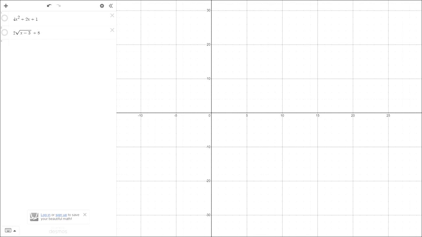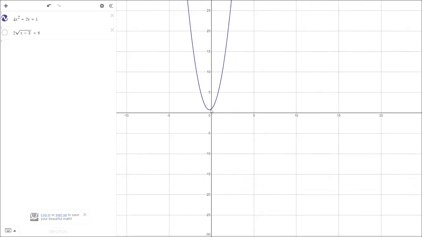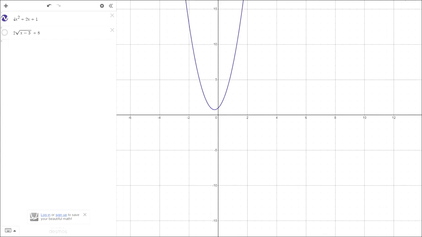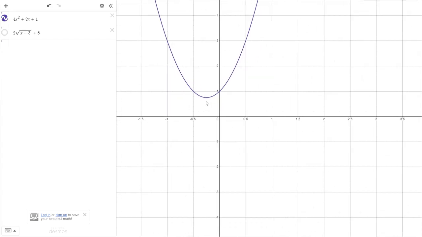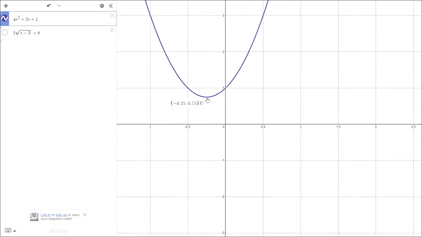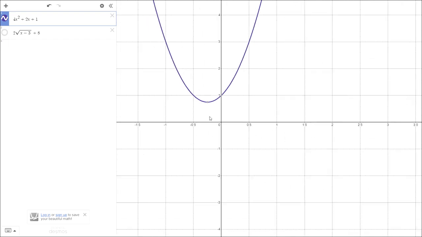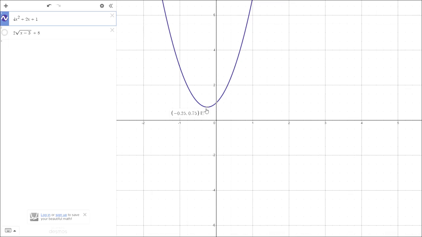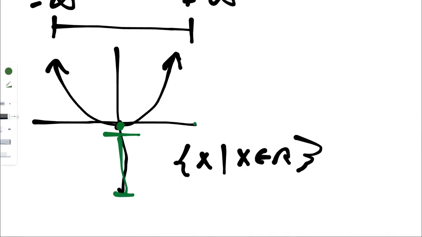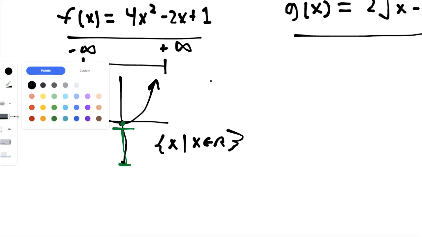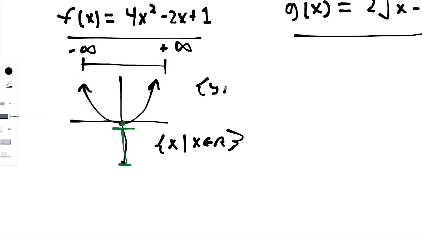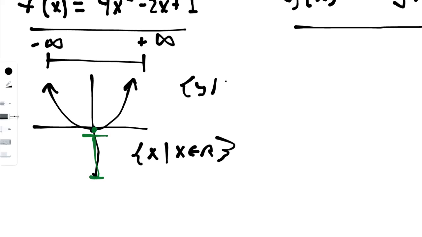So let's take a look at what Desmos says. If we show this one right here, it starts up, and then let's see where the vertex is. Right at this point, negative 0.25 and 0.75. So we know that there can't be any y values that are under 0.75. So let's go back over here, and now for the range, y has to be more or equal to 0.75.